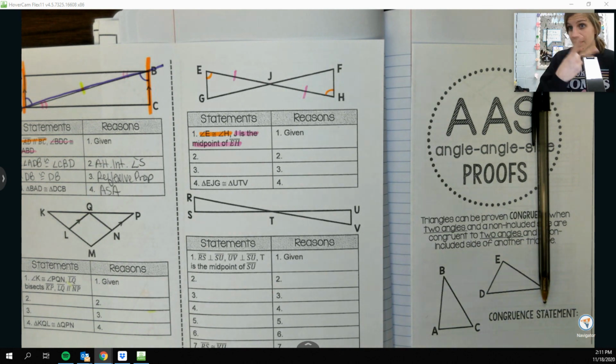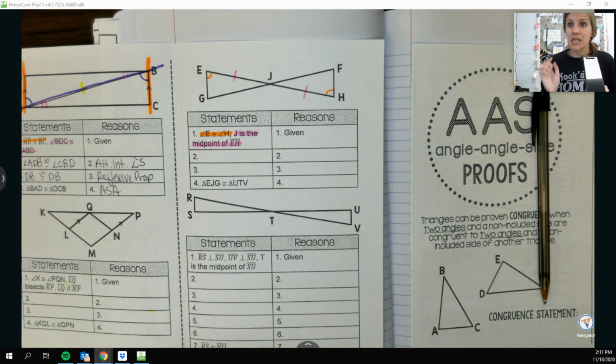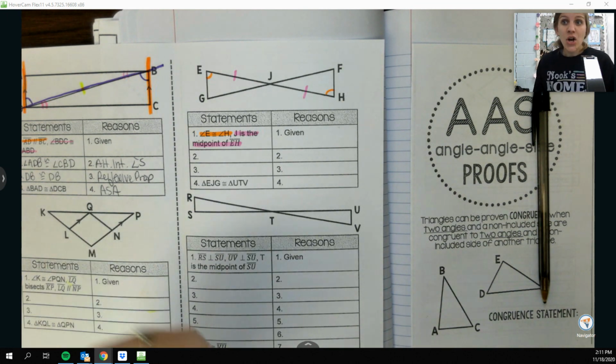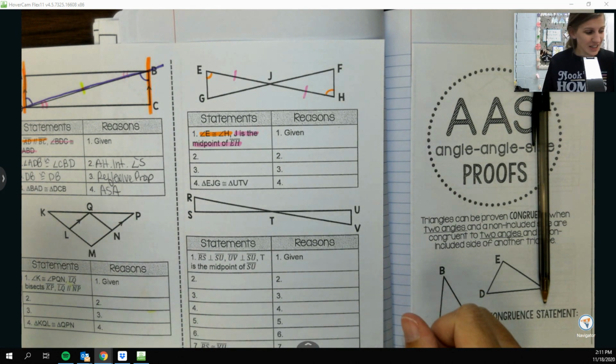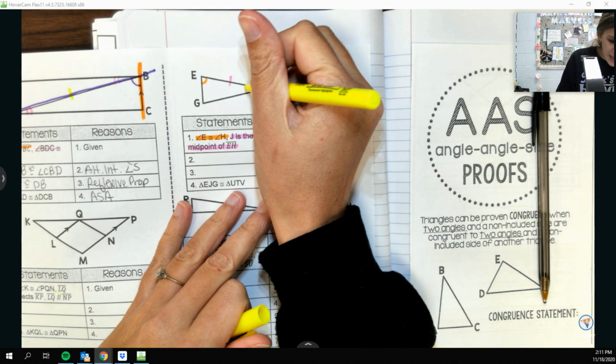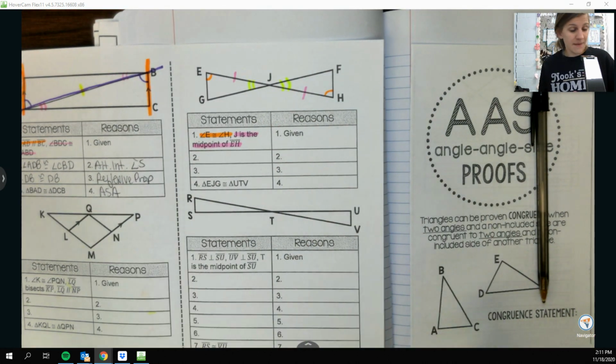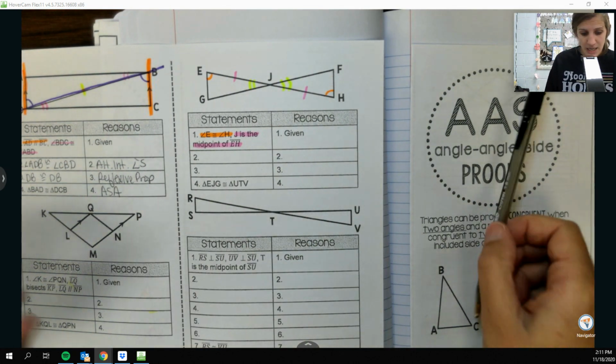But that's only two things. You need three things to use one of your shortcuts. So you have to hope that your picture is going to give you a sneaky reflexive side or vertical angles, which in this case, we have two lines crossing at J. So those are vertical angles, and vertical angles are always congruent.